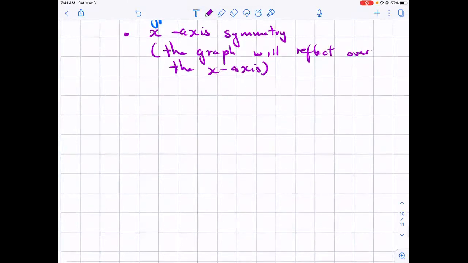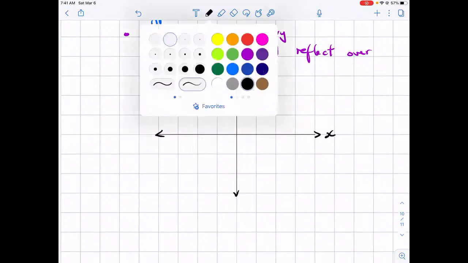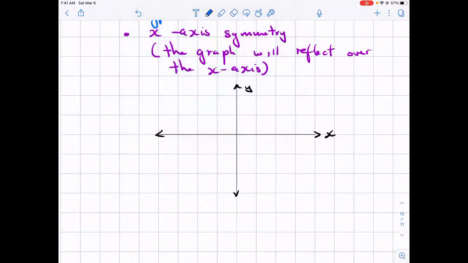So if we look at a graph, for example, here is the y-axis, here is the x-axis. If we look at the graph, let's say this one here. Make sure it goes through there.